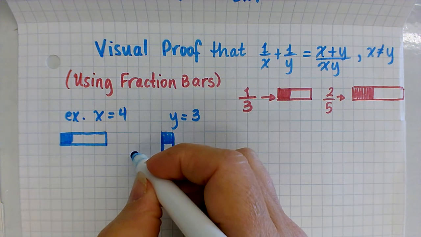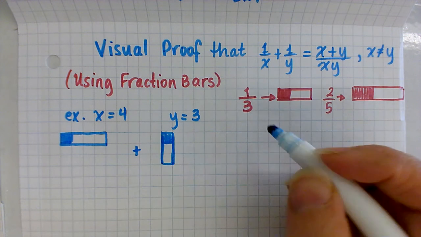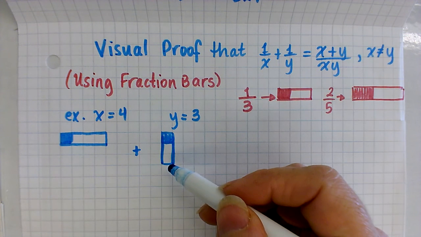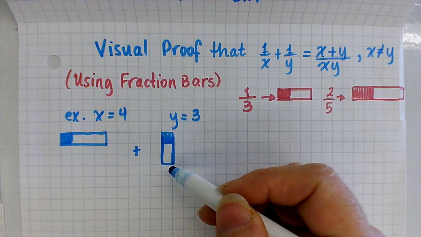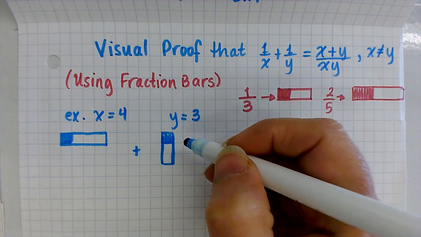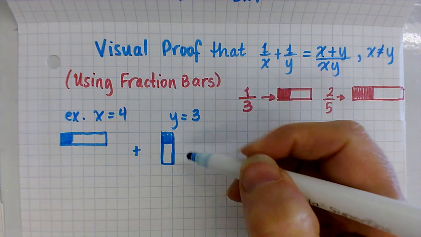In order to add these two together, I'm going to have to duplicate or scale up each of these models until they have the same dimensions. You can't combine two different models of different dimensions. Kind of like putting together apples and oranges, if you've heard that expression.